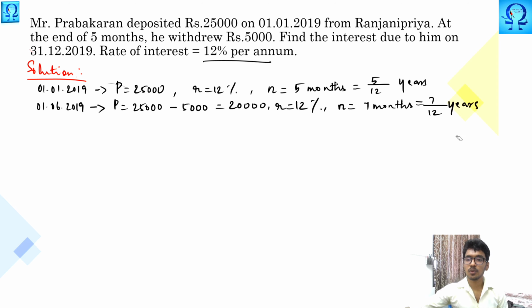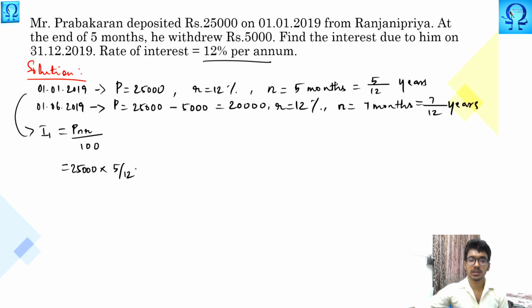Now we shall calculate the interest due to Prabhakaran. The first interest, let us calculate that interest as I1, that is going to be PNR upon 100, and here the P value is 25,000, N value is 5 upon 12, and R value is 12 upon 100.